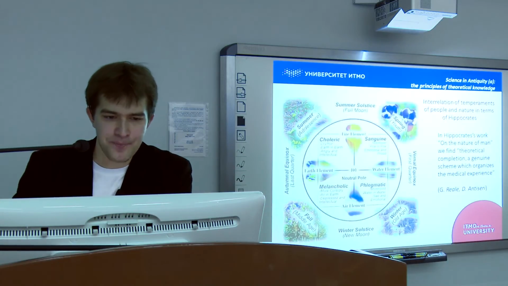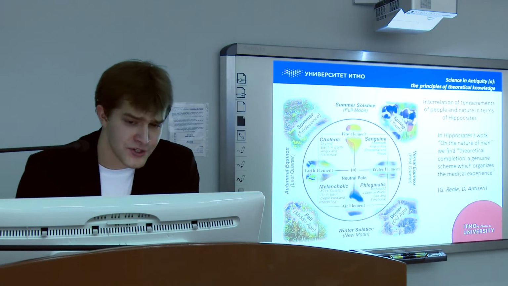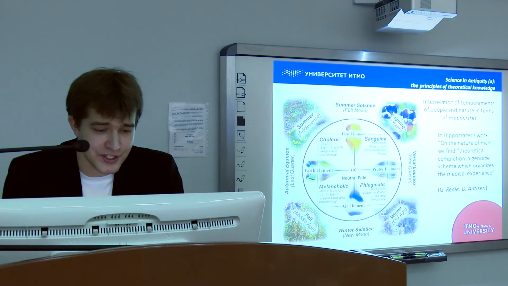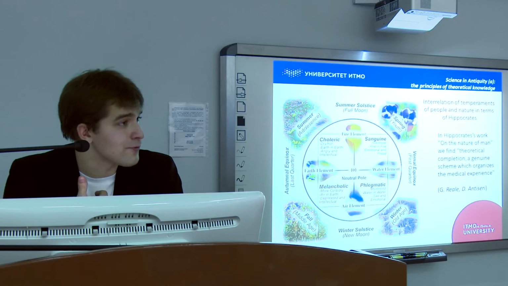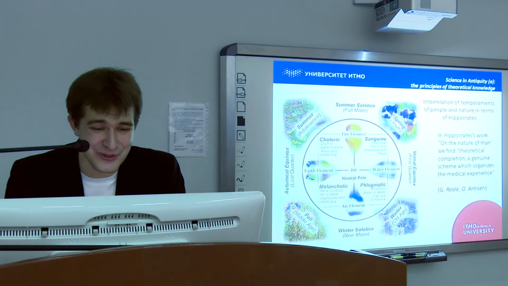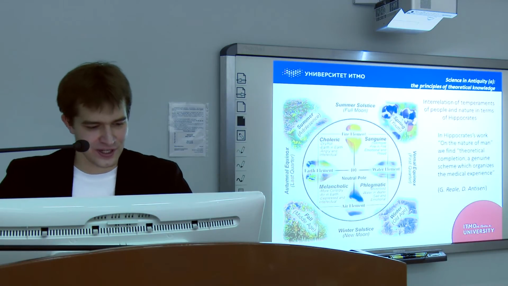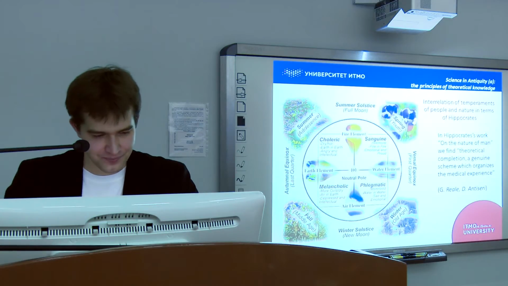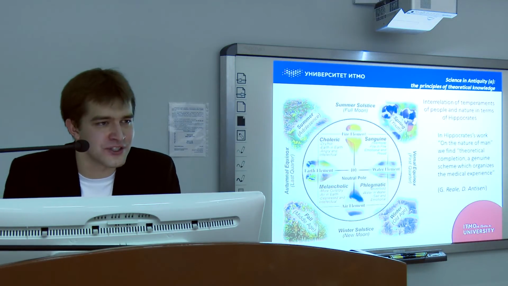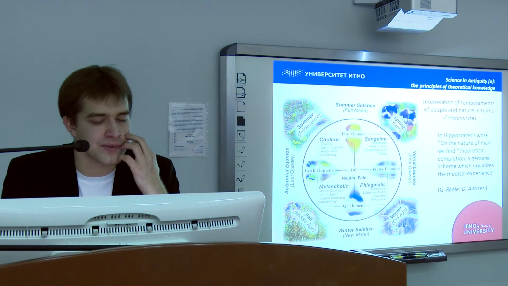So here is the scheme by which we can illustrate the idea of Hippocrates. You know that according to his doctrine, each of us has his or her own temperament. So for me, for example, I'm melancholic according to this scheme. So I'm someone who is very close to fall, right, to autumn, as a certain middle age and a certain season when my temperament feels itself the best.